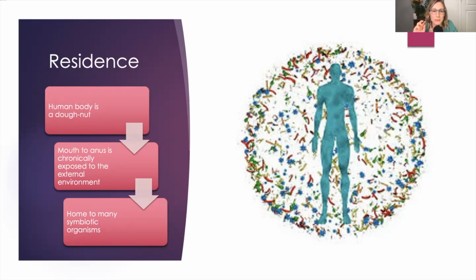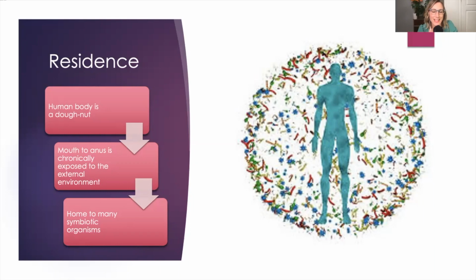I typically don't have a fear mindset. I typically really have the mindset that everything is working for us and everything has a role. So that's going to come out, one of my biases here. I'm a very optimistic individual. The human body is a donut, and we're literally a hole from mouth to anus.